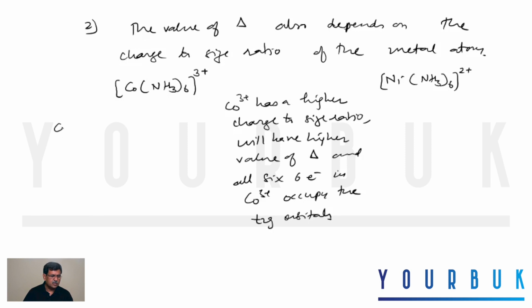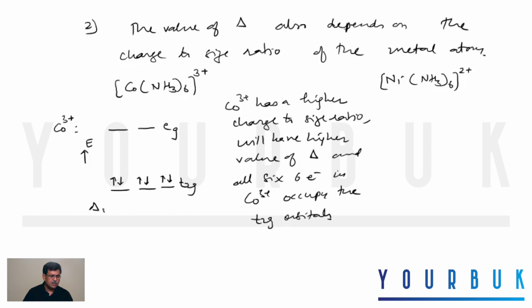Like this is cobalt 3 plus, eg, and these are the t2g orbitals. Energy is increasing in this order. So all 6 electrons are occupying the t2g. So they all pair up.